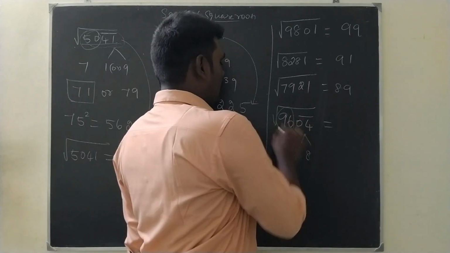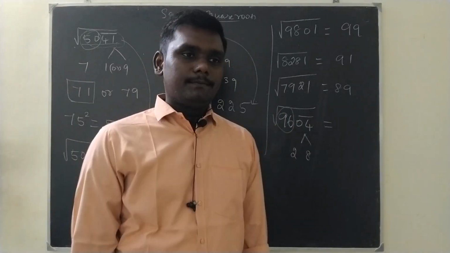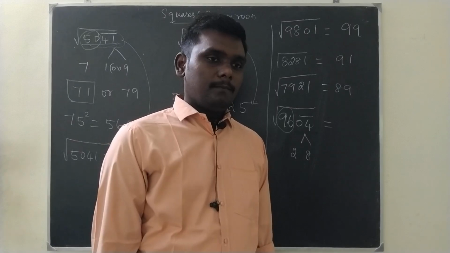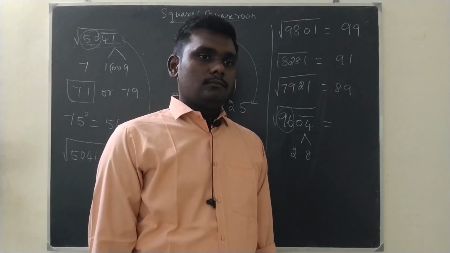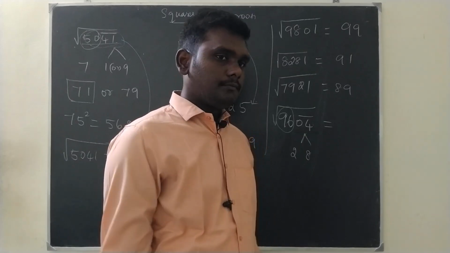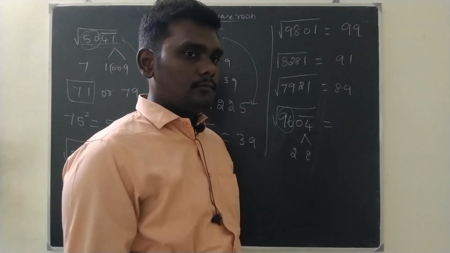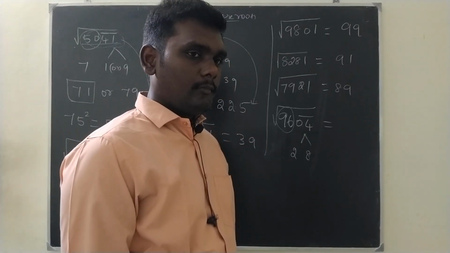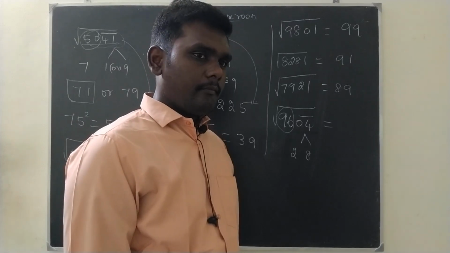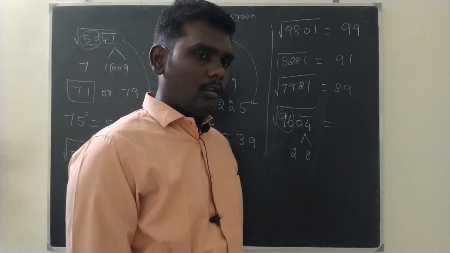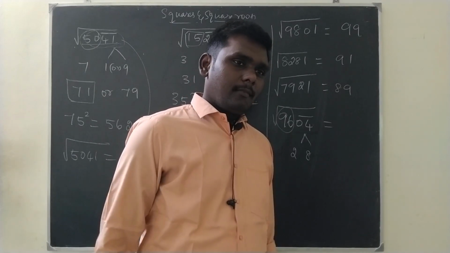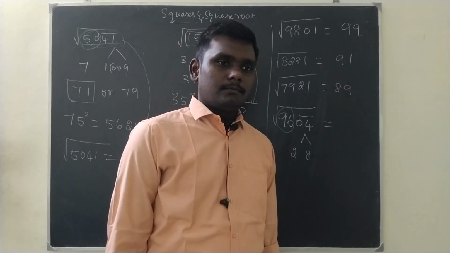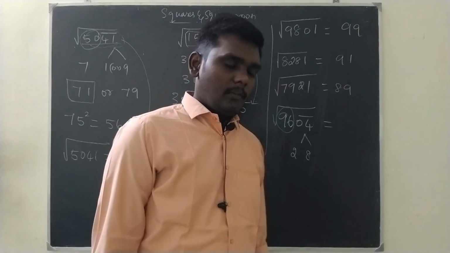Now a perfect square below 96. What takes you this much time? Nine.